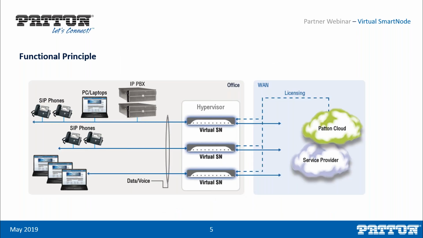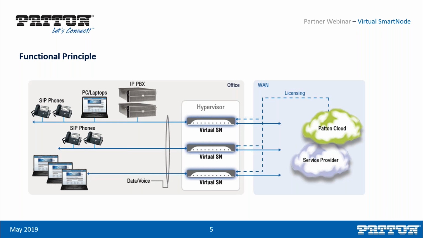Now, the functional principle of a virtual SmartNode is quite interesting. It provides a lot of options serving different needs, going into different use cases. So the virtual SmartNode runs on a hypervisor, one of those you just saw before. It can serve as an SBC, connecting the IP-PBX on the LAN side and the SIP trunk on the WAN side. Or it can go as a UCaaS environment.